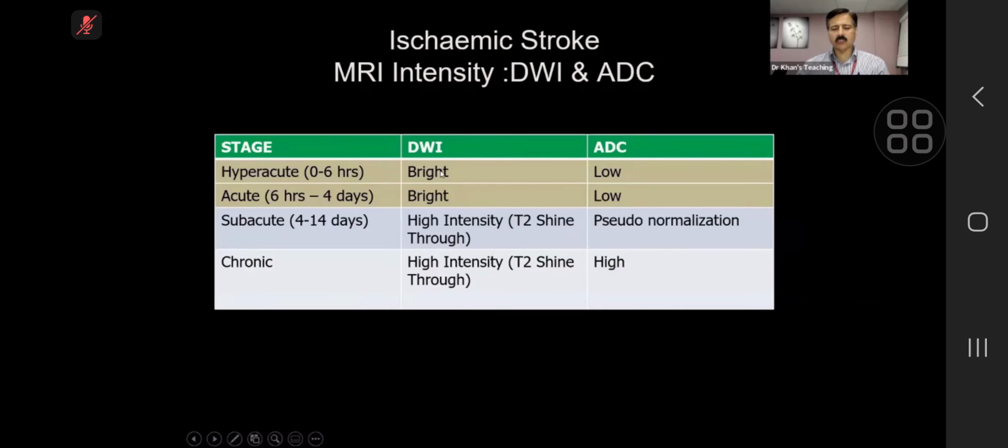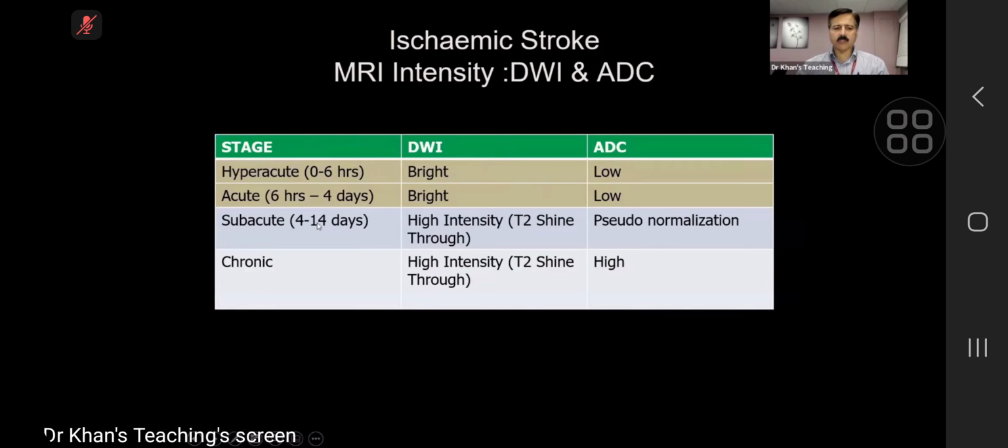And what is this word? I've taken this from a requisite series. I like this word. This is bright on DWI and low on ADC map. Instead of high, the word which is used is bright. So I want you to remember this. Bright on DWI, low on ADC map.